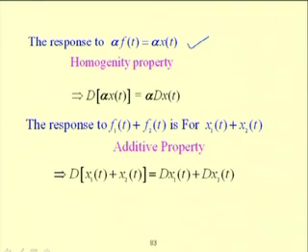Similarly, for the additive property, when we apply the forces F1(t) plus F2(t) simultaneously, the response would be x1(t) plus x2(t). Using this operator, replacing x(t) by x1(t) plus x2(t), D of x1(t) plus x2(t) should be D x1(t) plus D x2(t). If these rules are satisfied, then the system is said to be linear, and if these properties are not satisfied, then the system is a nonlinear system.